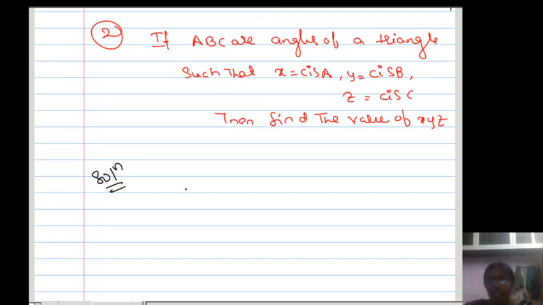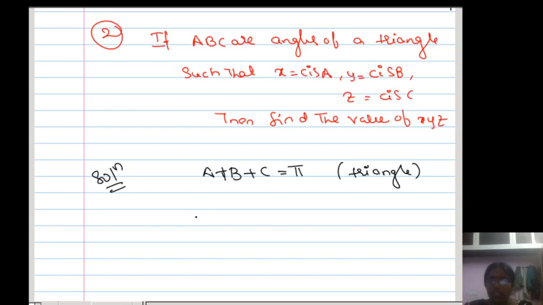See, A, B, C are angles of a triangle means you know that the sum of the angles is 180 degrees. Because in the triangle, if you add the angles, you are getting what? 180. A plus B plus C is equal to what? Pi, 180 degrees. That you know since it is a triangle.